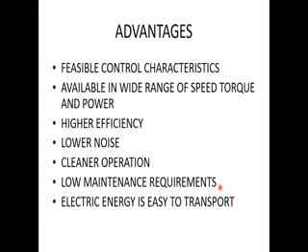There are so many advantages: feasible control characteristics, availability in a wide range of speed and torque, very good efficiency, power factor can be improved, no noise because there is no noise-creating equipment in this drive, low maintenance, and it can be easily transported.